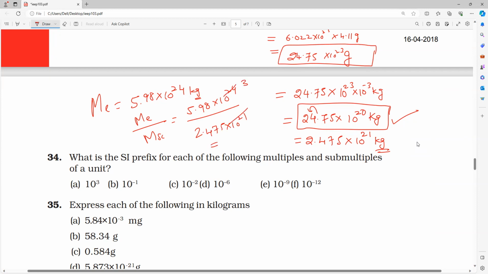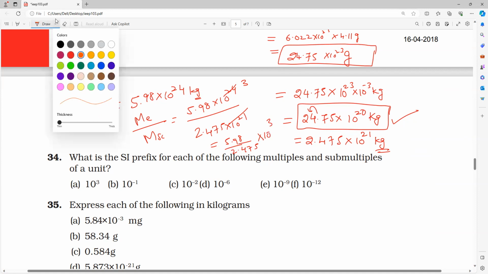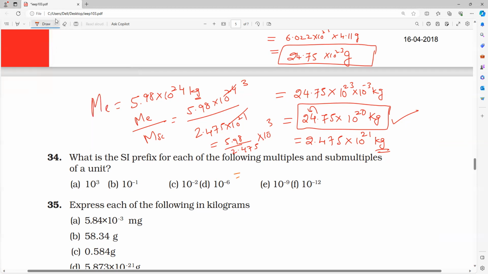So you have to do 5.98 divided by 2.475, into 10 power 3. Do this division and tell me, everybody. You'll get the answer 2.41 into 10 power 3.